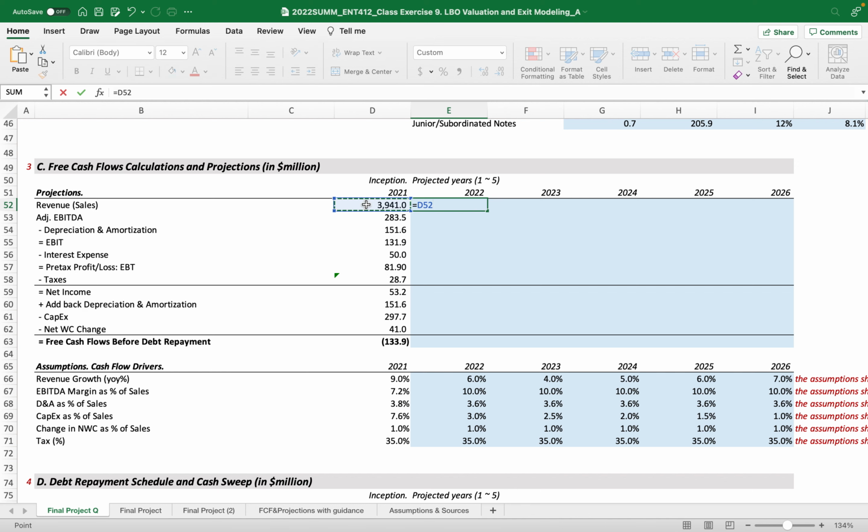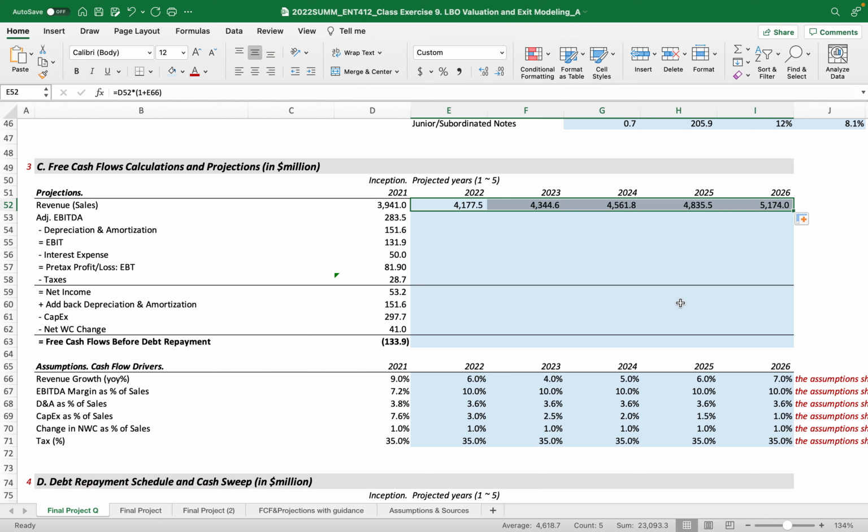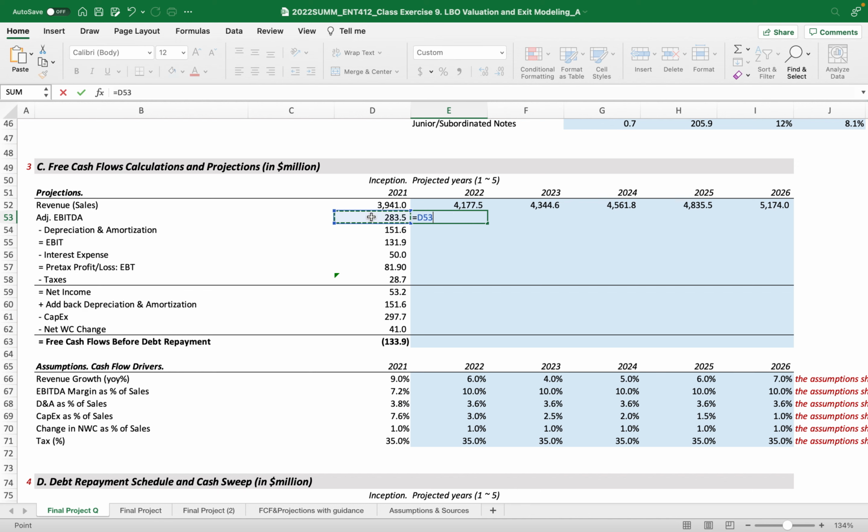So this revenue now increases by 6%, right? So we have a new revenue, and then let's just drag to the right. We have the revenue in the projections along with this assumption part, and then EBITDA also.